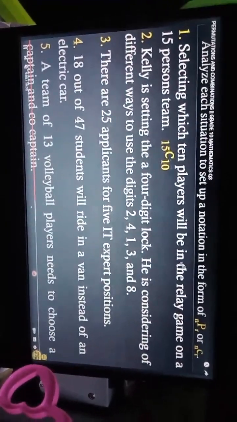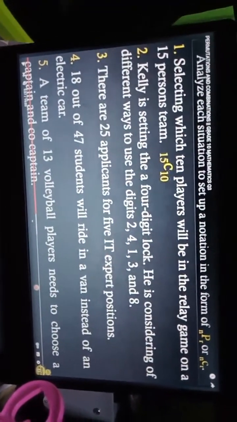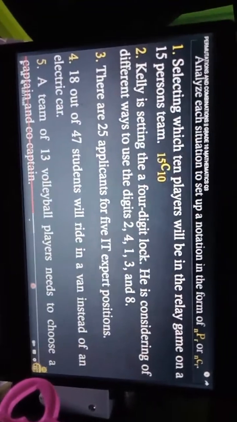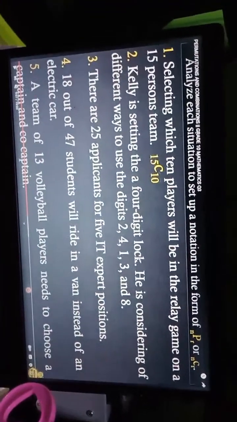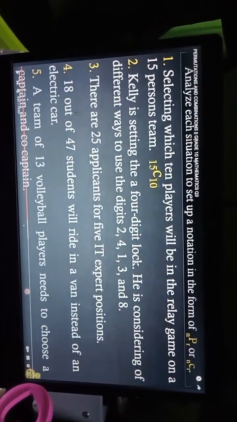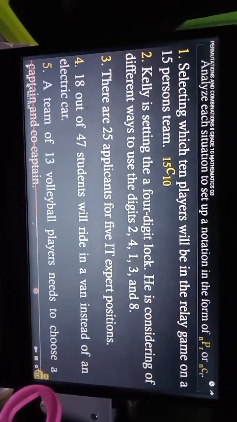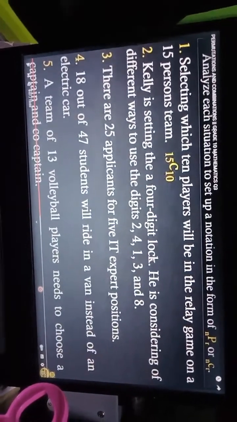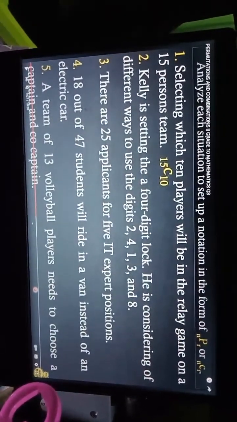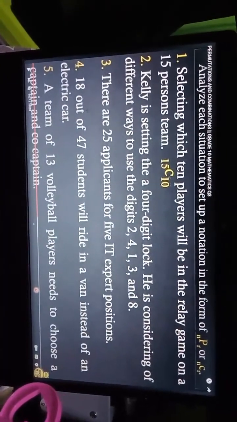And take note, guys, say for example your r becomes 0. Remember, in permutation we have nPr, taken r at a time. If your r becomes 0, the answer would be 1. But what if your r becomes 1?